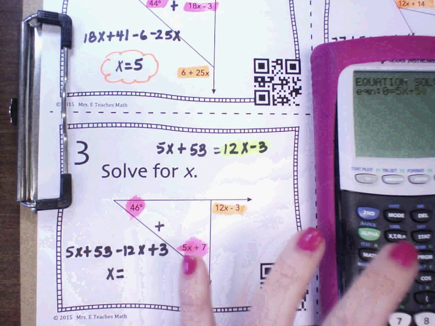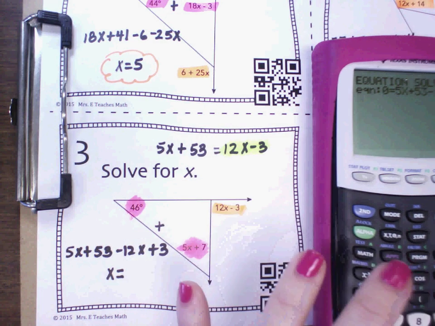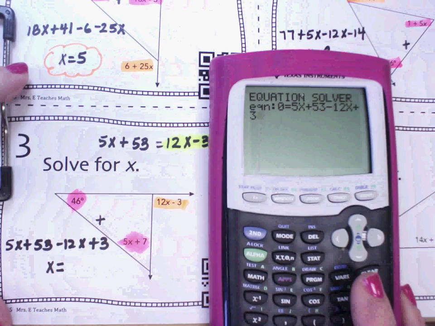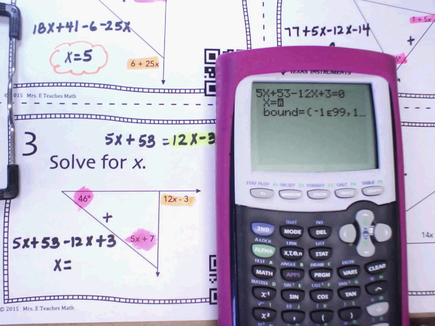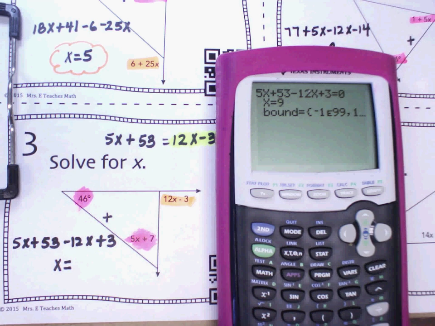So we go to the calculator, correct? I'm sorry, there it is. 5x plus 53 minus 12x plus 3. Go for it. Enter alpha, enter.